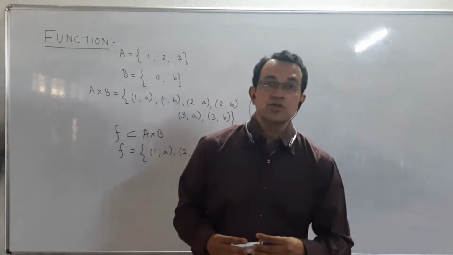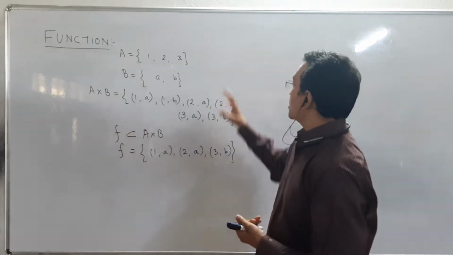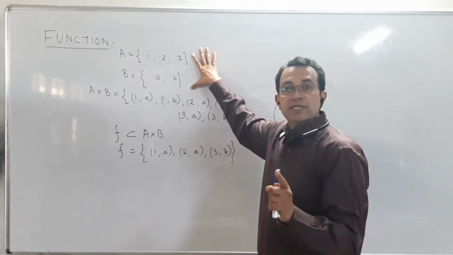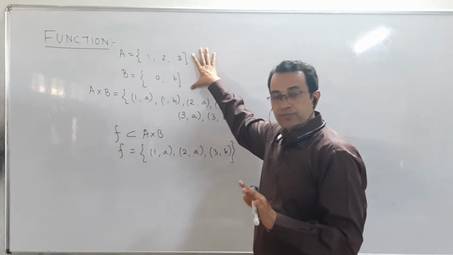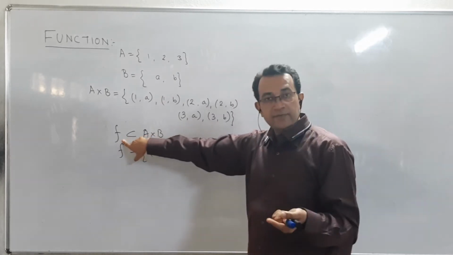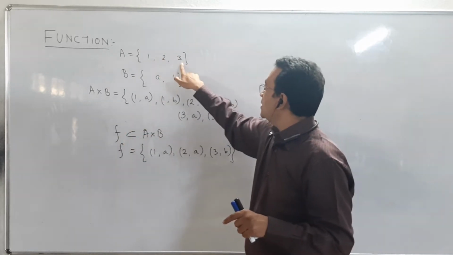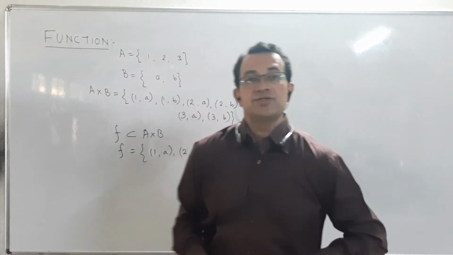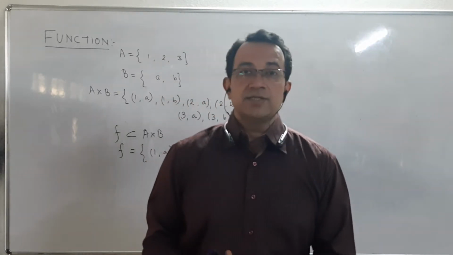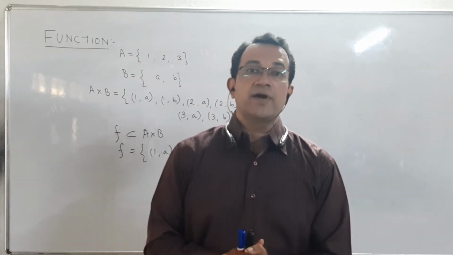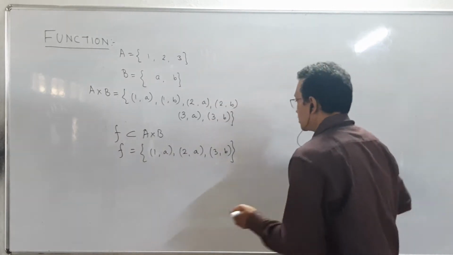So the definition goes like this: for any two non-empty sets A and B, a relation F such that for every element of A, we have a unique image in the set B, then such a relation is defined as a function from A to B.